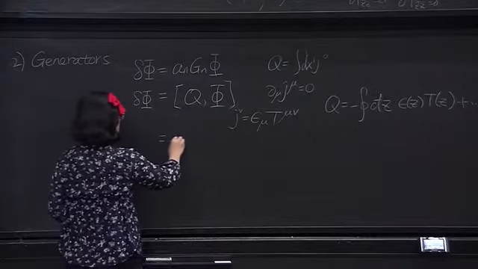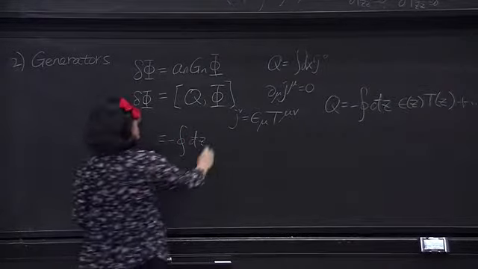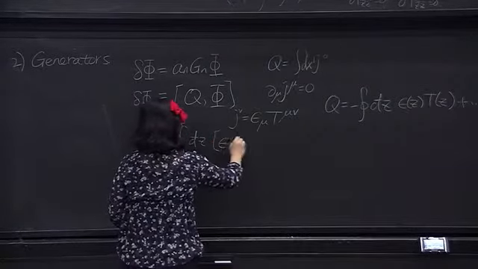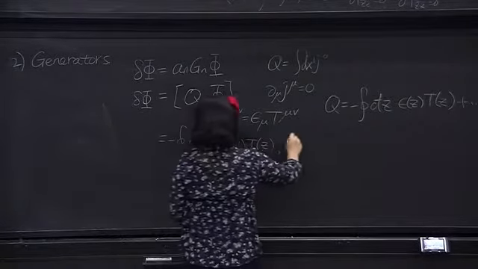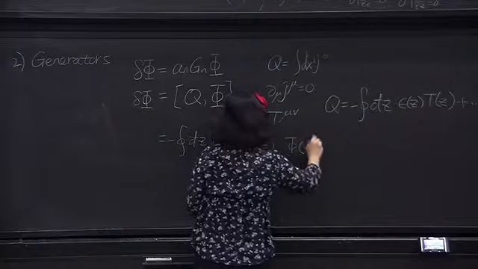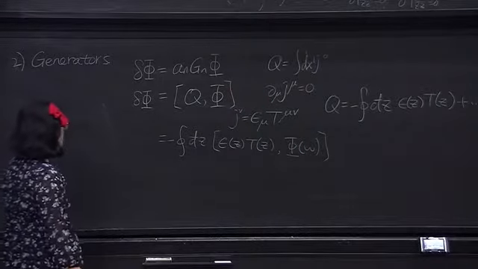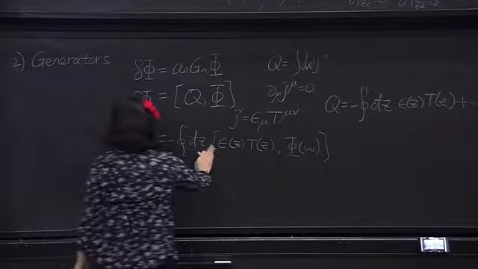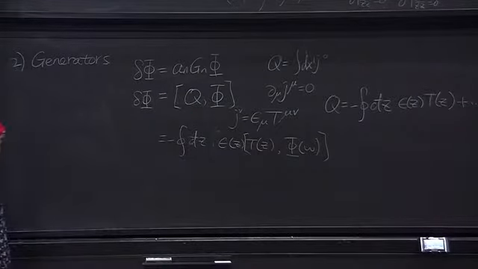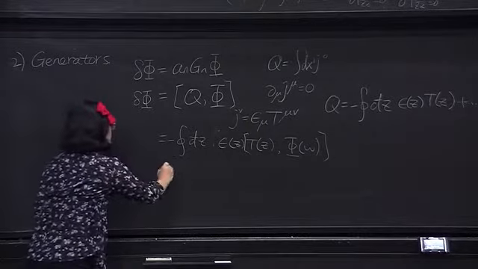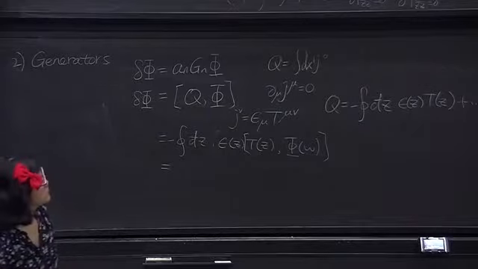So the next thing to do is I'm just plugging it in. This is, remember. Okay. And now we see a commutator inside the contour integral.